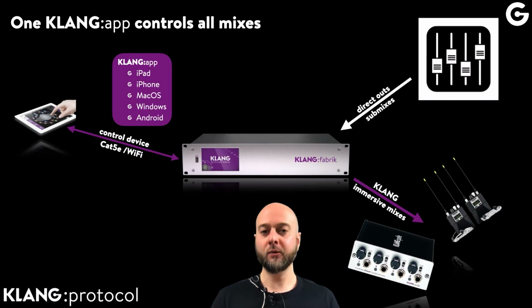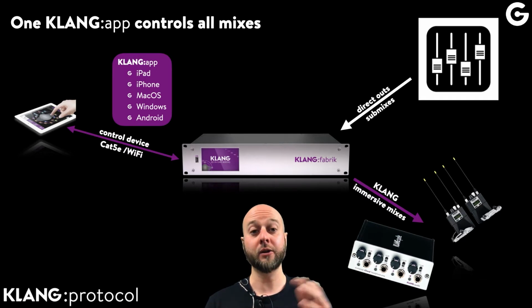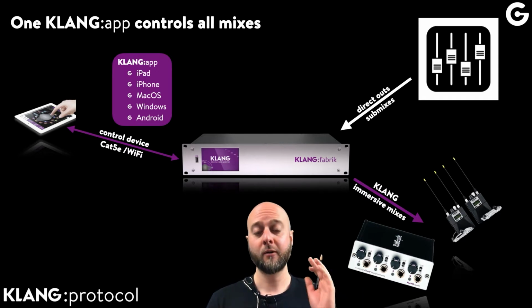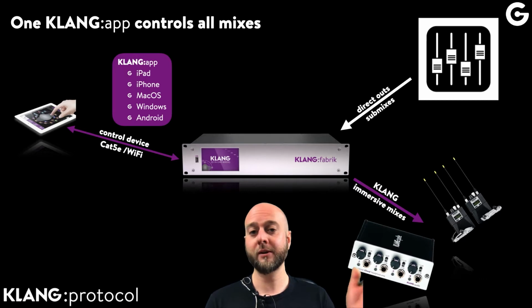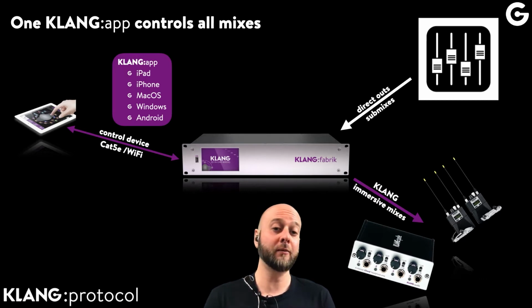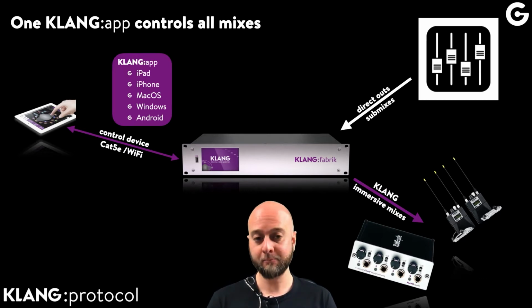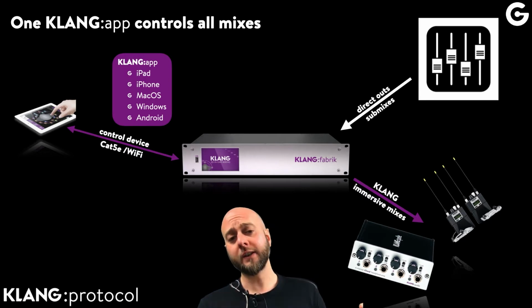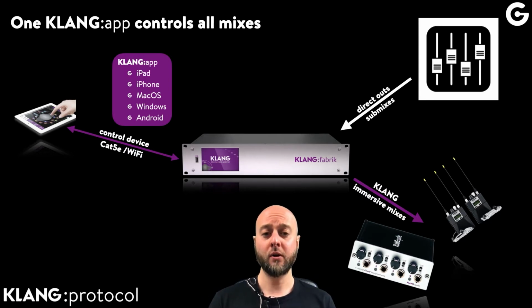But if we don't use a DiGiCO, we can also control it directly. So we just send direct outs or submixes or a combination of both from our mixing board or our preamps into our KLANG device, which could be a Fabric, FIR or DMI KLANG. And we send the mixes out to either KLANG Quelle headphone amp or to our RF transmitters.